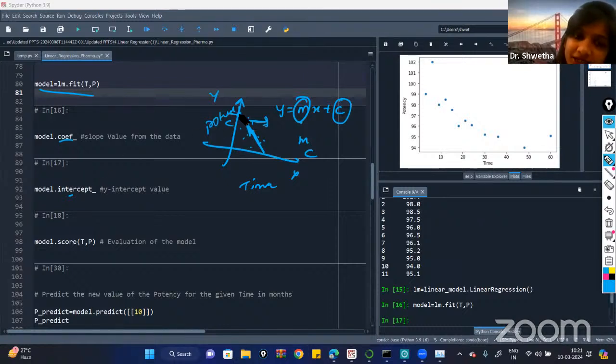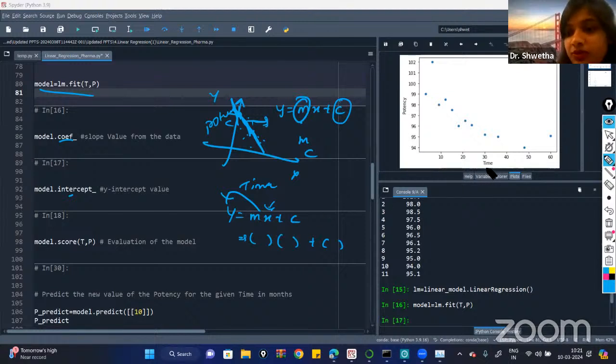The y-intercept is nothing but the point where the line intercepts the y-axis. By using that, you will know the M value and also the C value. By using that, for any new X value, you can predict the Y. X would be time. So for any new time given, you will be able to predict the potency of the drug.